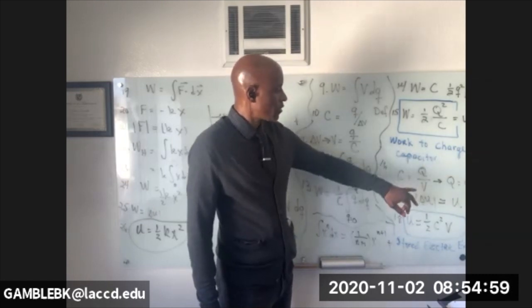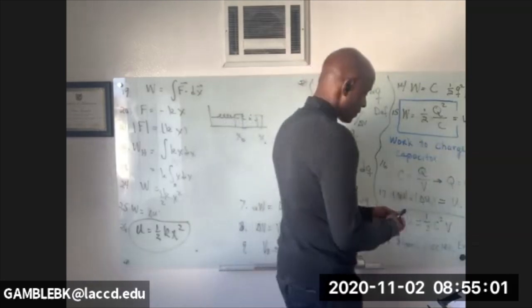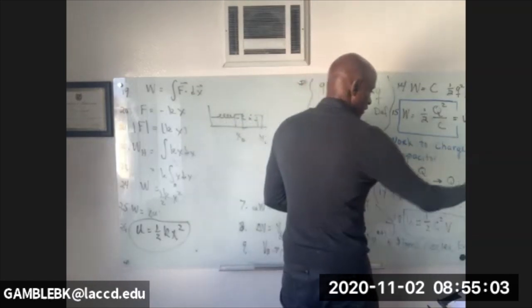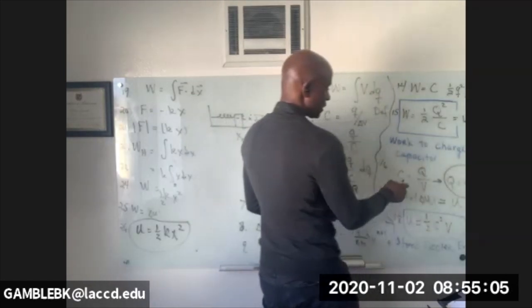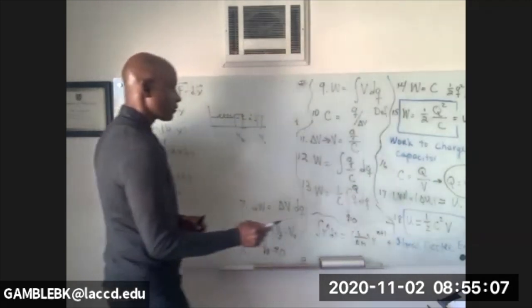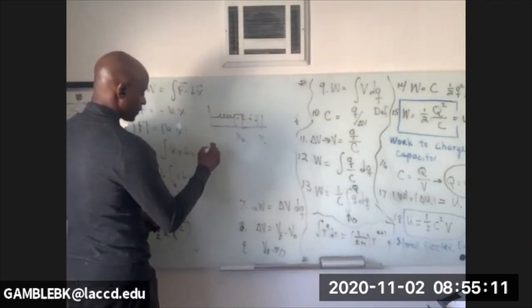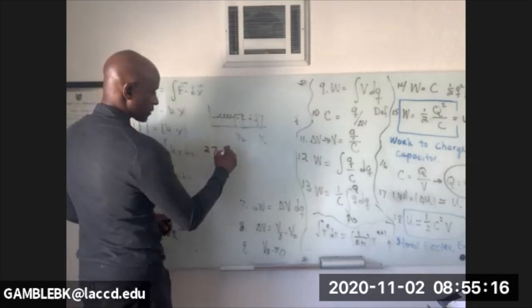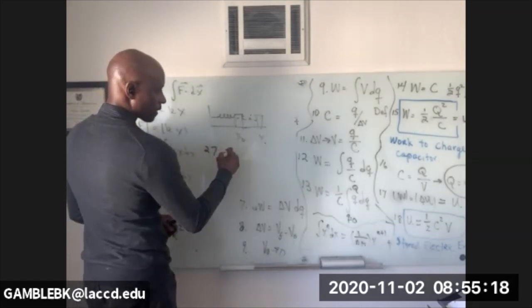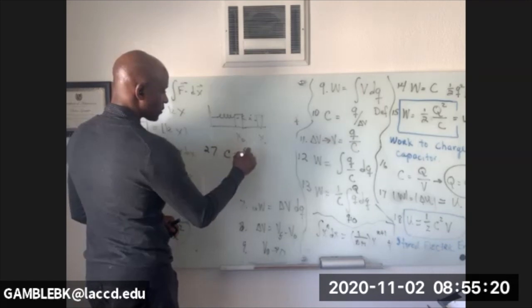I substitute Q. So this is what I put in to get this one. But if I substitute C directly into that, then what I get is the potential energy. C is equal to charge over voltage.